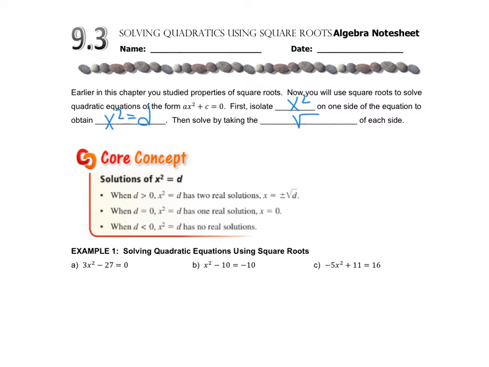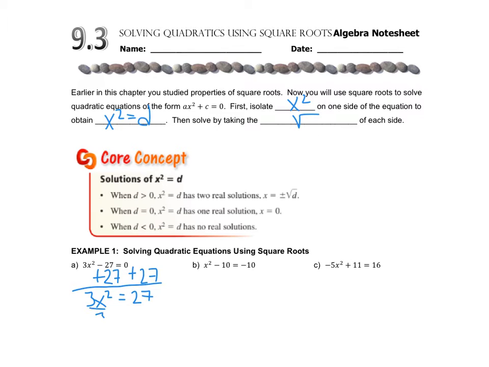In this first example, we have ax squared plus c equals 0. The first thing I would do is add 27 to both sides. When I add 27 to both sides, I get 3x squared equals 27.